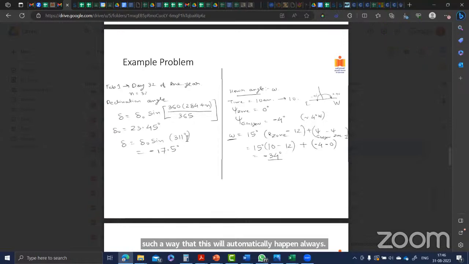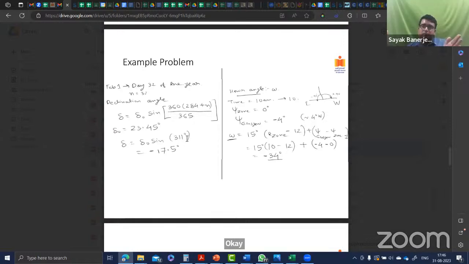So from the March equinox to the September equinox, April, May, June, July, August, up to September, delta will always be positive. At the September equinox, delta will become 0, and then it starts to go down. So October, November, December, January, February, it will be negative.